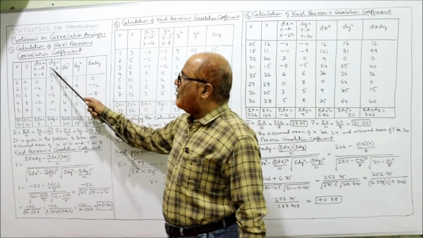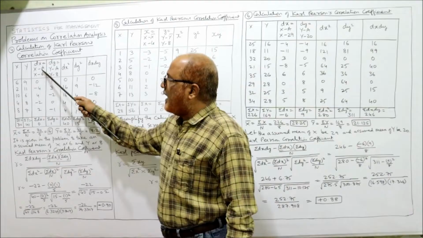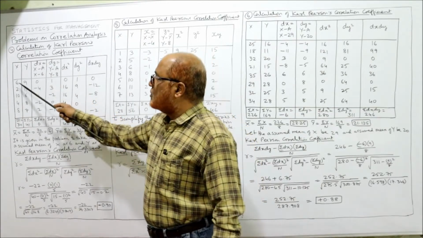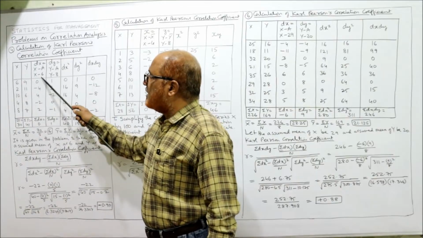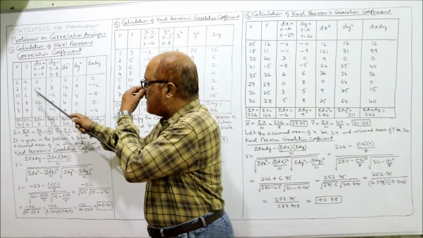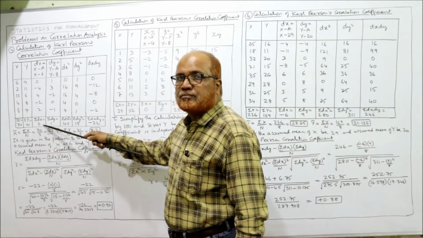So here dx is x minus a, where a, the assumed mean, is 6. 6 minus 6, 0. 2 minus 6, minus 4. 10 minus 6, 4. 4 minus 6, minus 2. 8 minus 6, 2. Take the total of dx, you are getting 0.